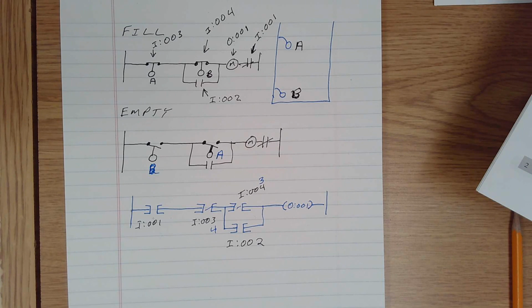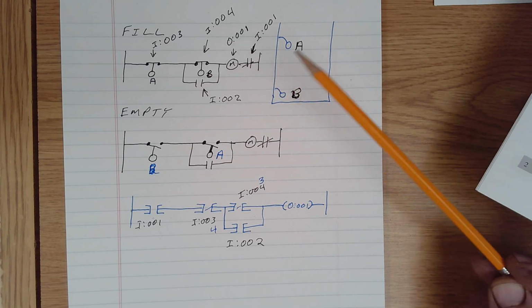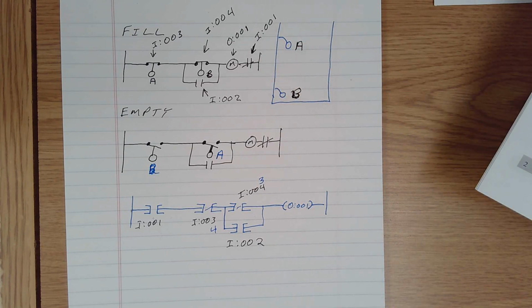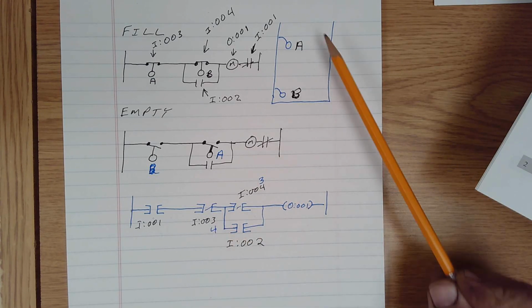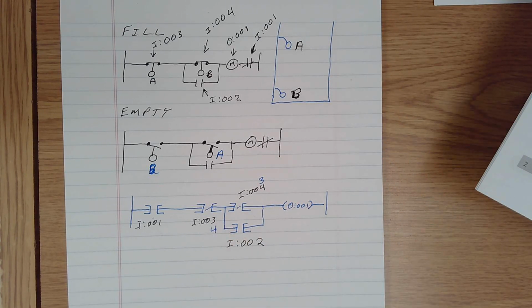The other nice thing with this system, if you want float A to set off a high level alarm, you can put another instruction, addressed instruction number 3, to turn on a warning light.